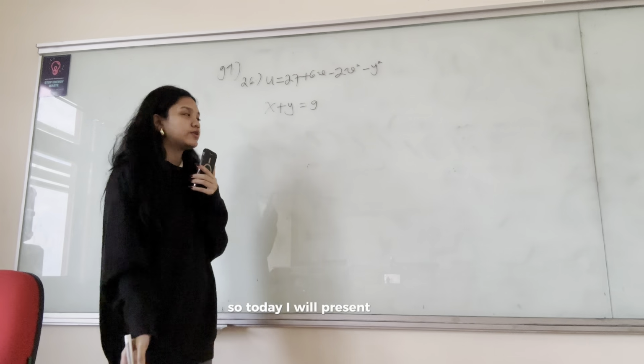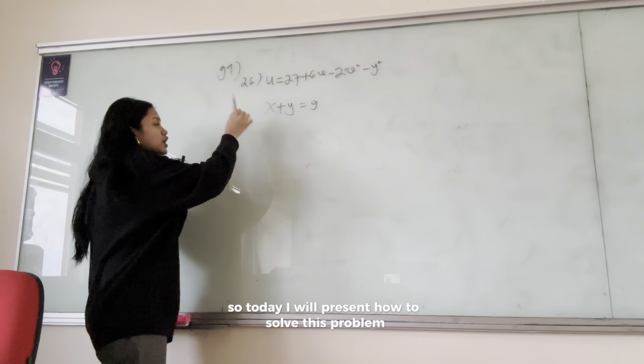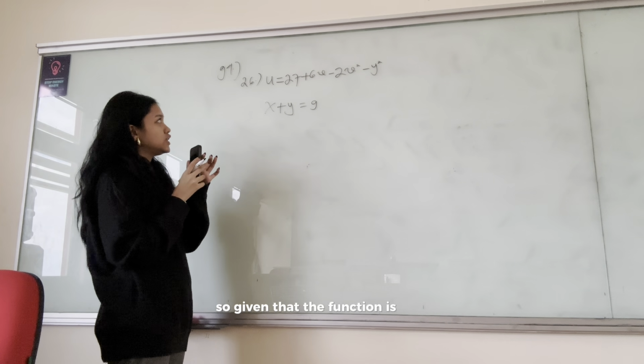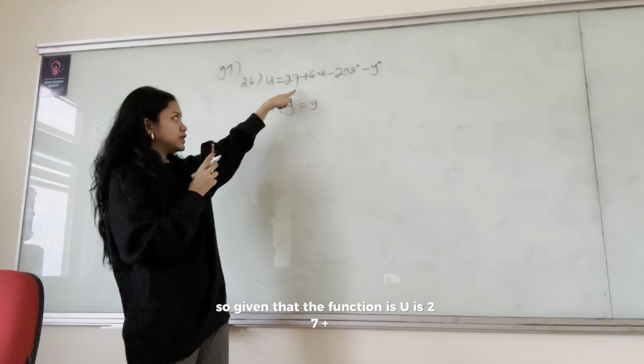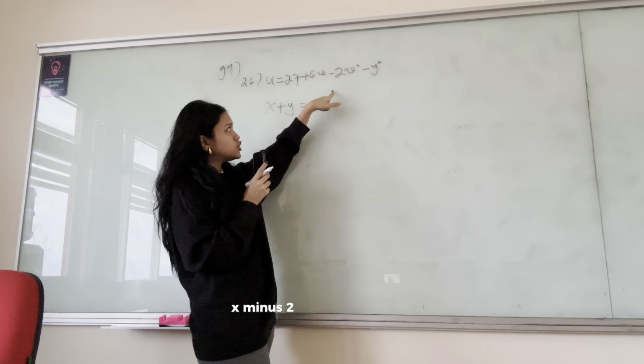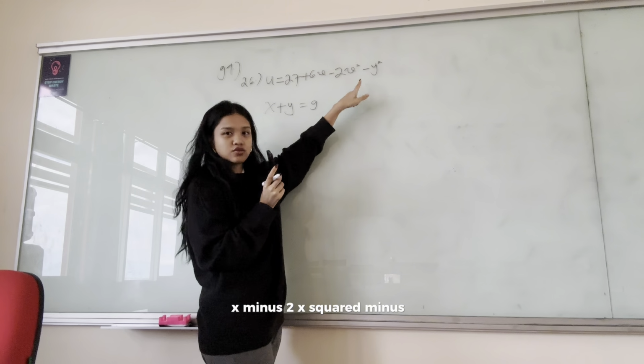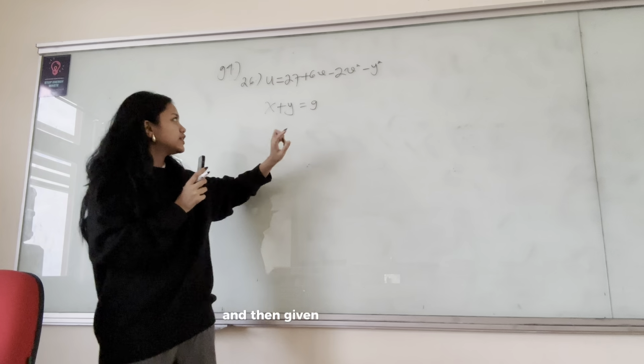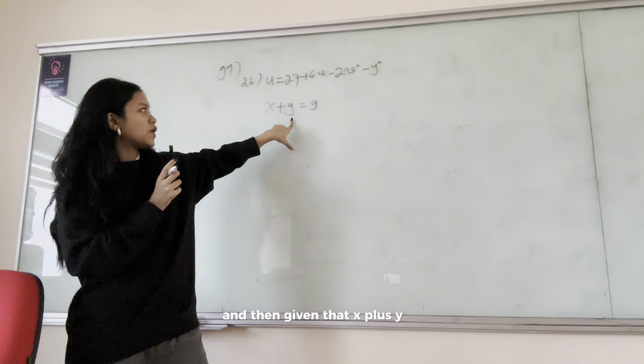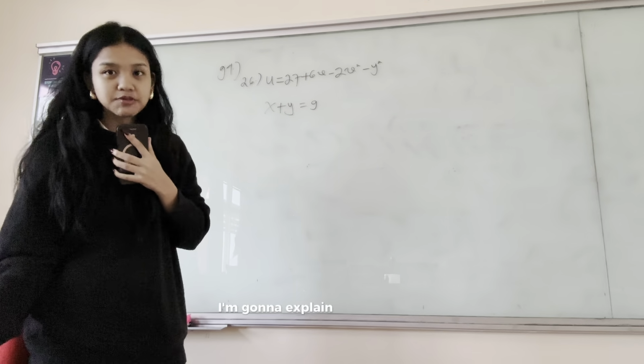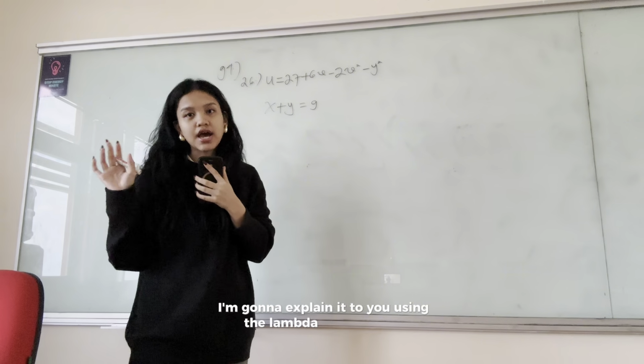So today I will present how to solve this problem. Given that the function is u equals 27 plus 6x minus 2x squared minus y squared, and given that x plus y is 9, I'm going to explain it using the lambda method.